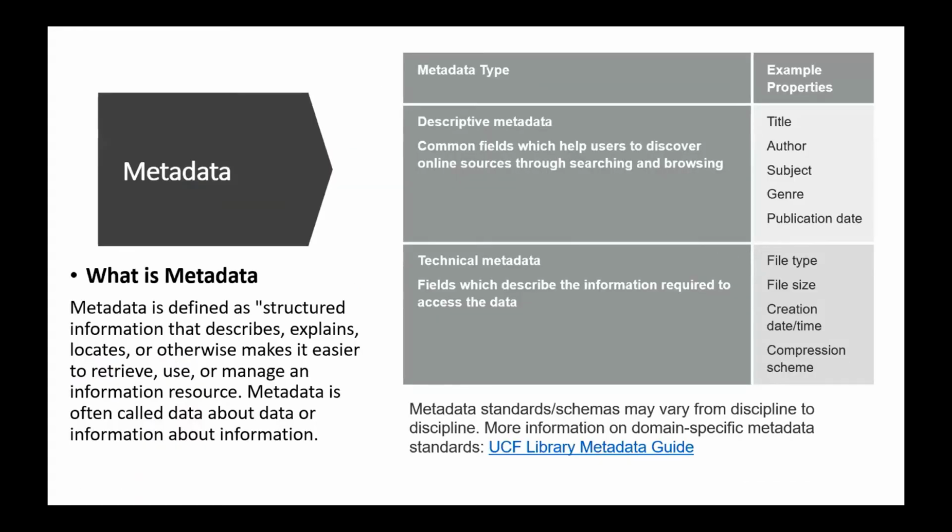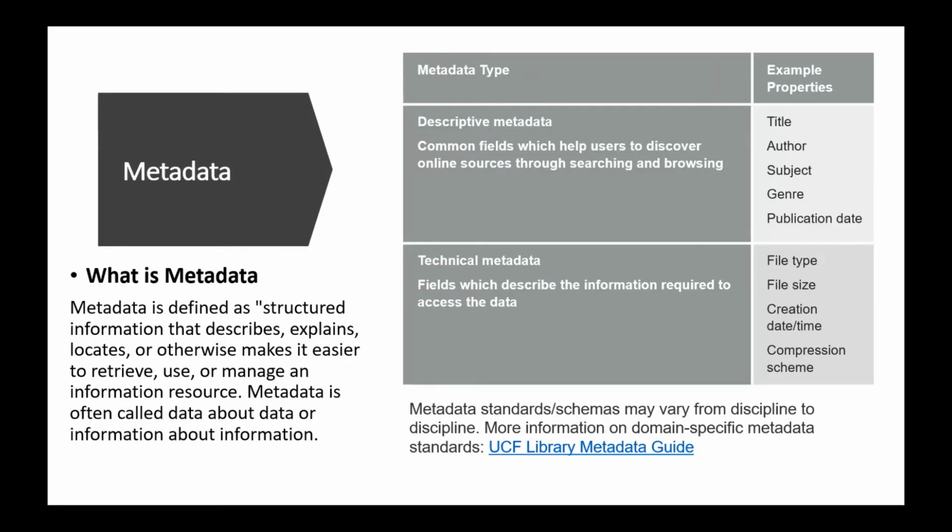Okay, then a few words about metadata. Metadata is usually called data about data or information about information. Its purpose is to describe and explain the content and make it easier to retrieve, use, or manage an information resource.